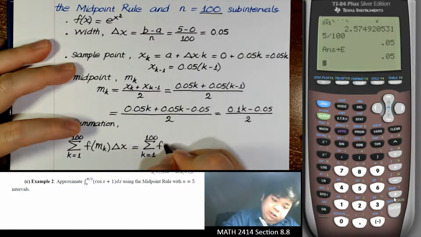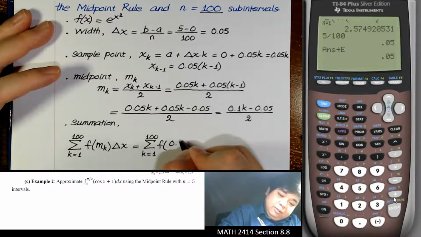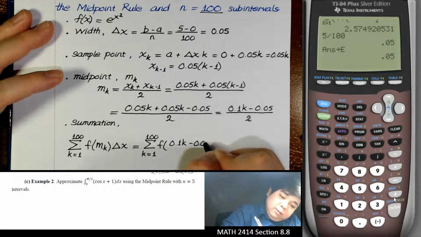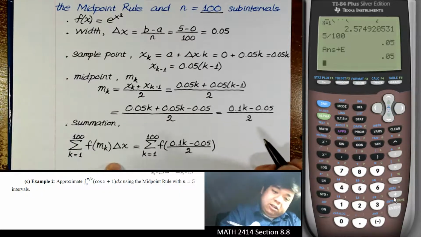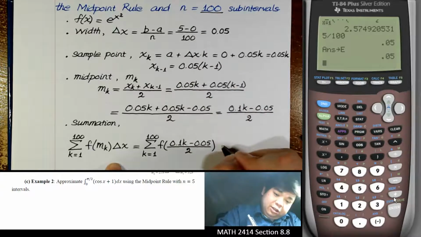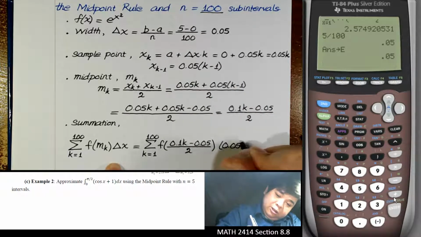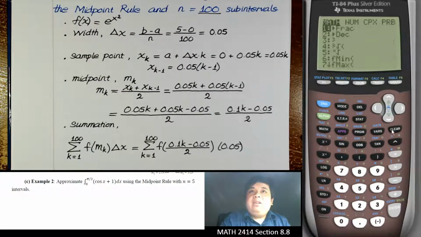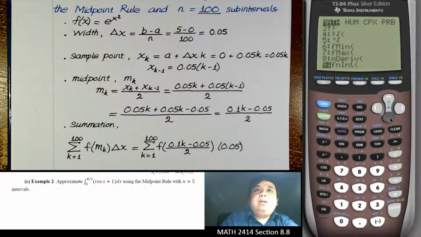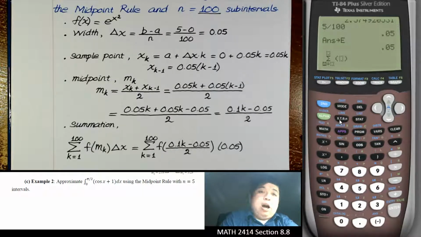The function evaluate at the midpoint times delta x, the width. Right. So math summation, that I will use x, that go from 1 to 100. So 100 subinterval, they will enter the function.